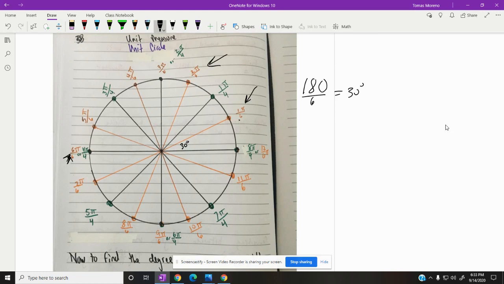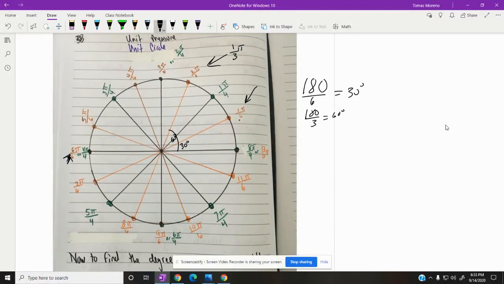But what about 2/6? Well, 2/6, I could reduce this, can't I? What's 2/6? 2/6 is just actually 1/3. So what's 180/3? 60 degrees. So that means this angle, this one from here would be 60 degrees.